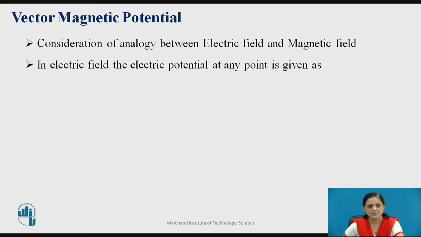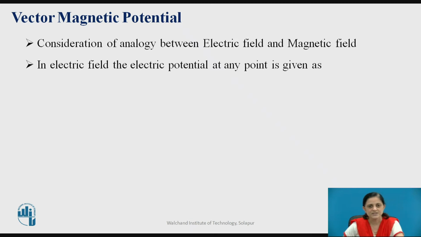So what is vector magnetic potential? We can change the electric field potential equation in terms of the magnetic field potential by taking the analogy between the electric field and the magnetic field.